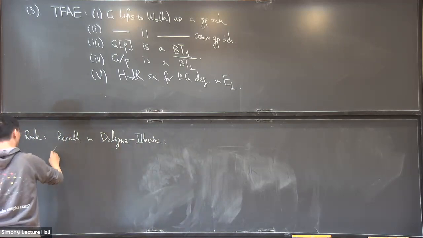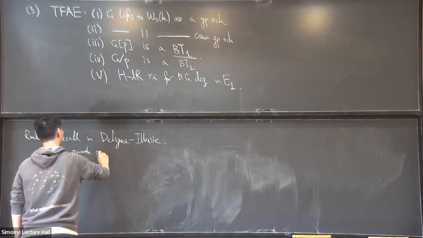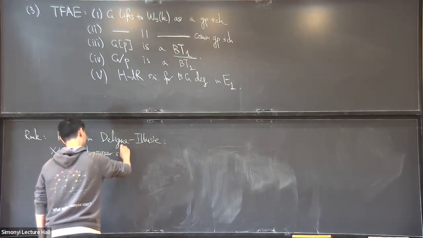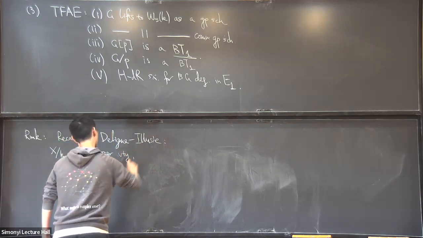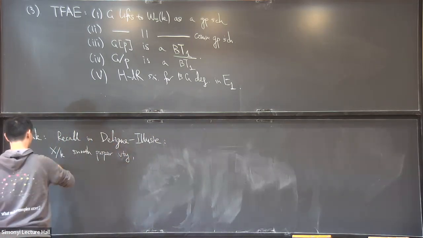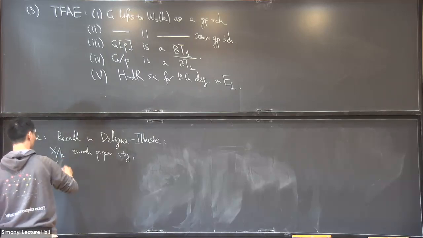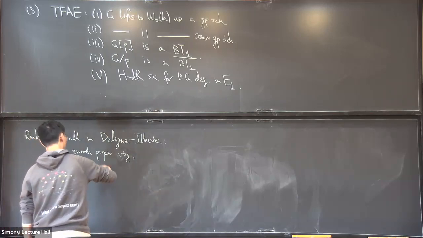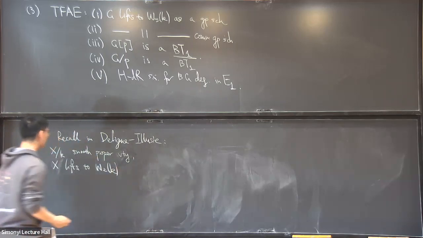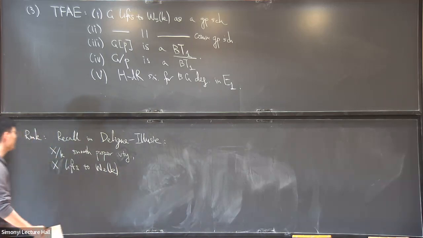that if you have an X over k, which is a smooth proper variety, then there is the following implication. So X can be lifted to the second Witt vectors. Like if your k was F_p, then you're asking whether X can be lifted to Z mod p squared.